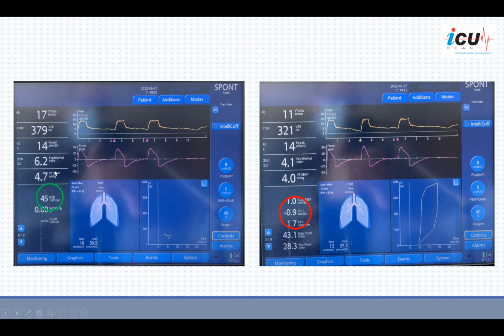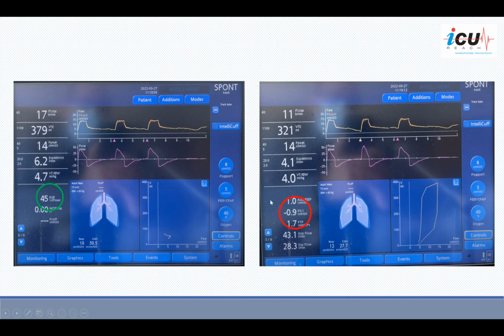You can see with this pressure support, we're able to get a good volume and good rate, and RSPI is not too bad, or actually it's good. Rapid shallow breathing index is 45, but we're using 8 centimeters of water above the PEEP of 5 in order to generate that tidal volume of 300 to 400.